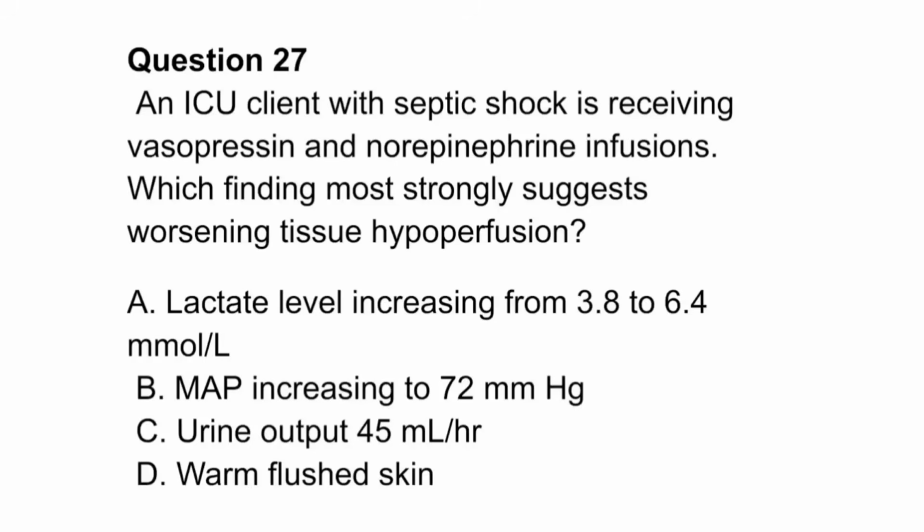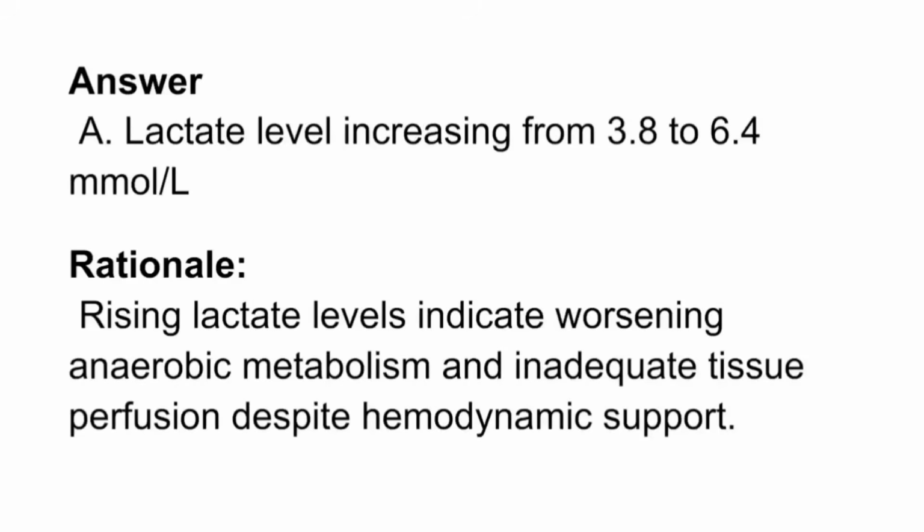A. Lactate level increasing from 3.8 to 6.4 millimoles per liter. B. MAP increasing to 72 millimeters of mercury. C. Urine output 45 milliliters per hour. D. Warm, flushed skin. Answer: A. Lactate level increasing from 3.8 to 6.4 millimoles per liter.